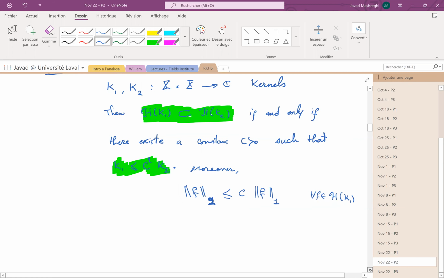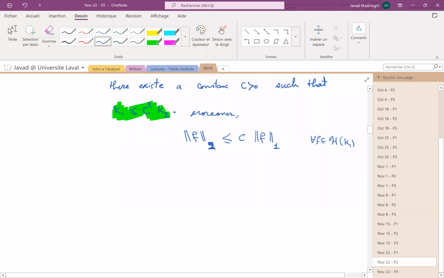So the inclusion map is bounded by C. The best constant is indeed the norm of the inclusion map. That will be shown in the proof.